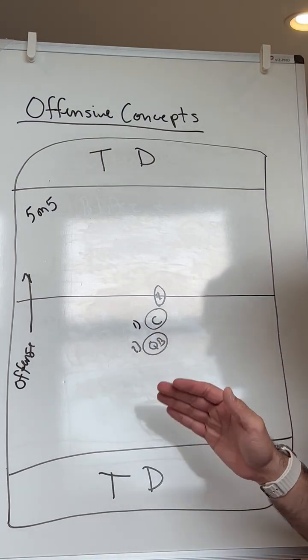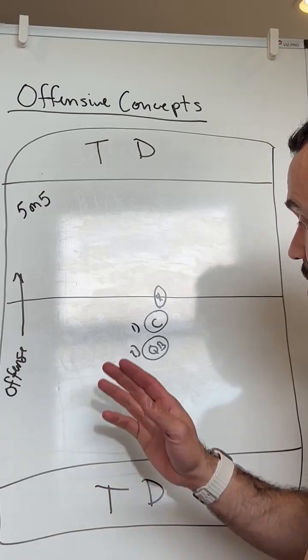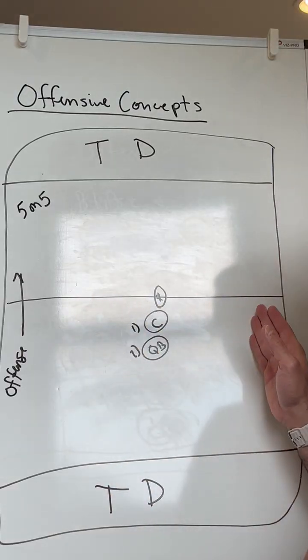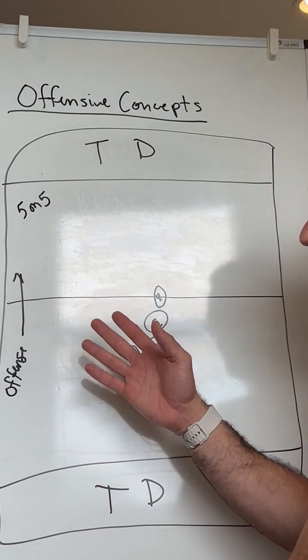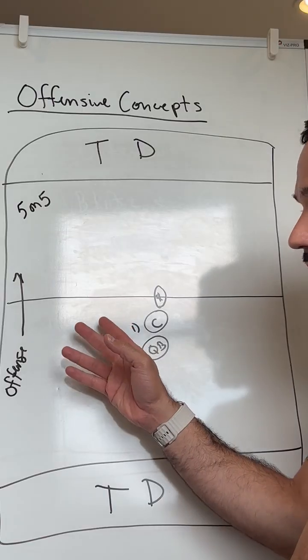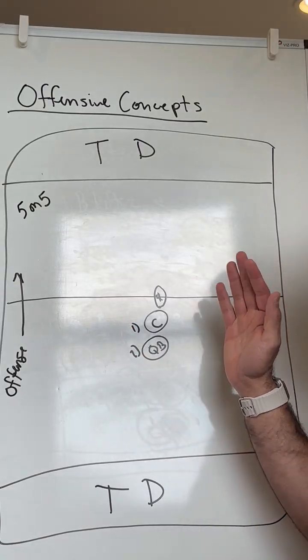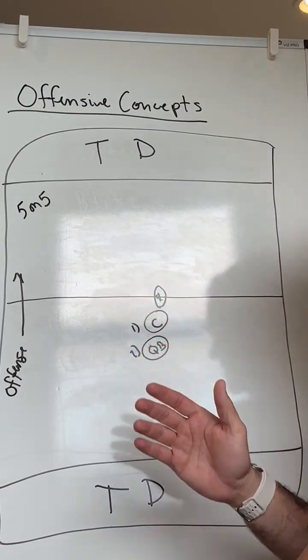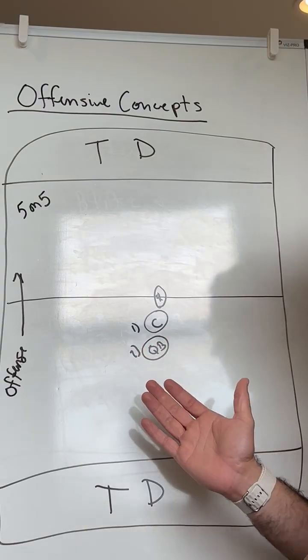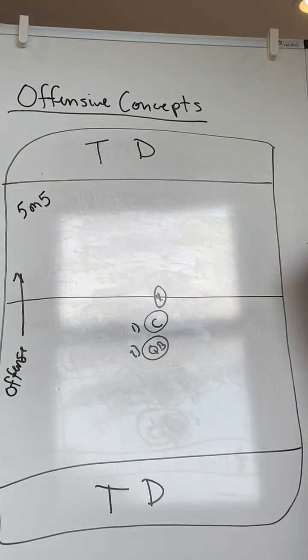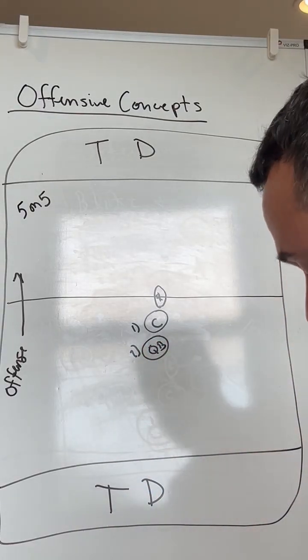The other 3 players that we use, we can put in any position that we want. The reason we would use multiple positions is to get the defense moving in a different direction, or basically to trick the defense into doing something that we want them to do, so we can take advantage of it.